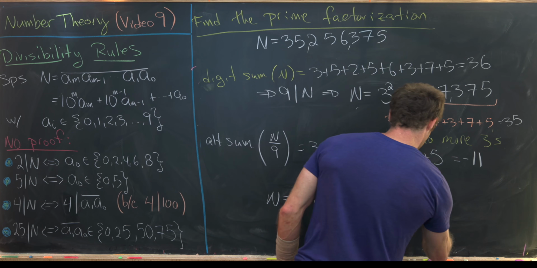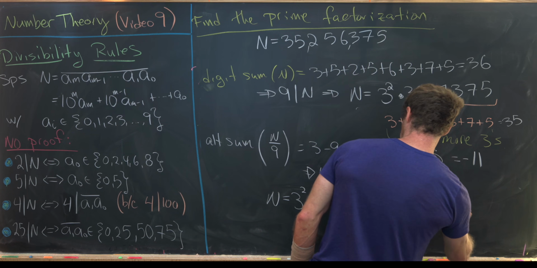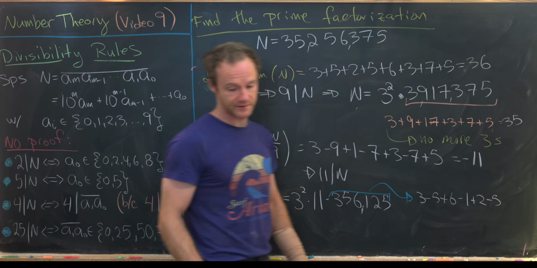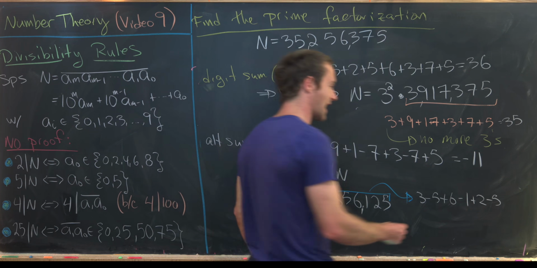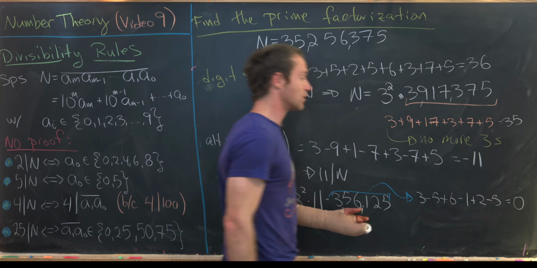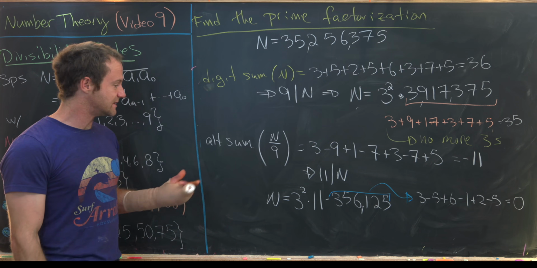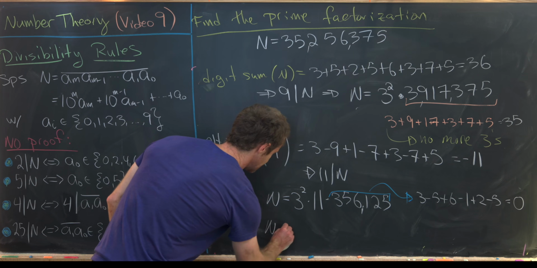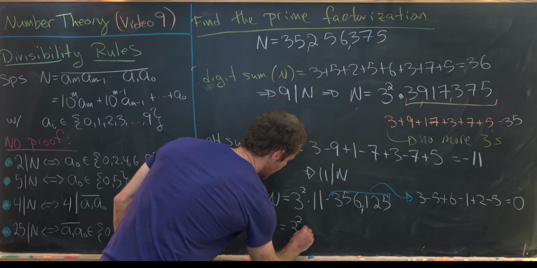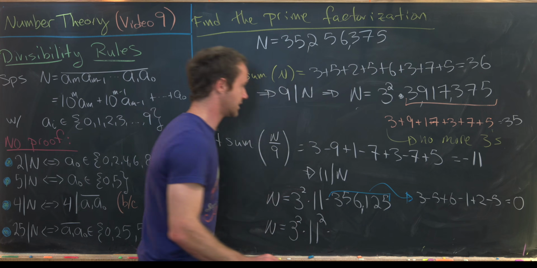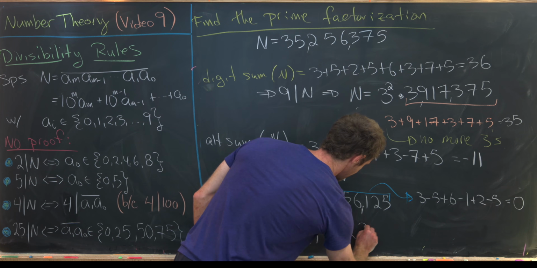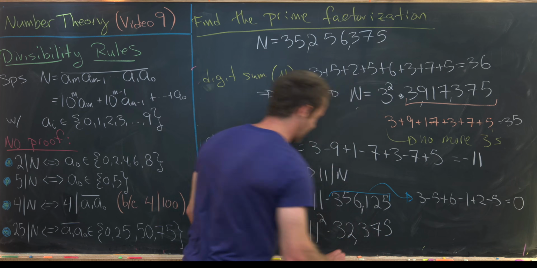So here we have 3 minus 5 plus 6 minus 1 plus 2 minus 5. So let's see, if you add all of that up, you get the number 0, but 0 is divisible by 11. So that means you can divide another copy of 11 out. That's going to leave us with n equals 3 squared times 11 squared times 32,375.